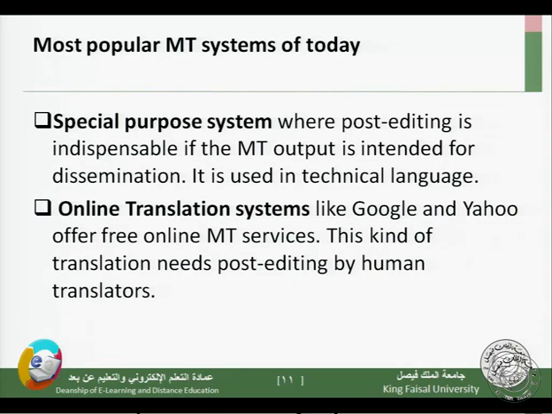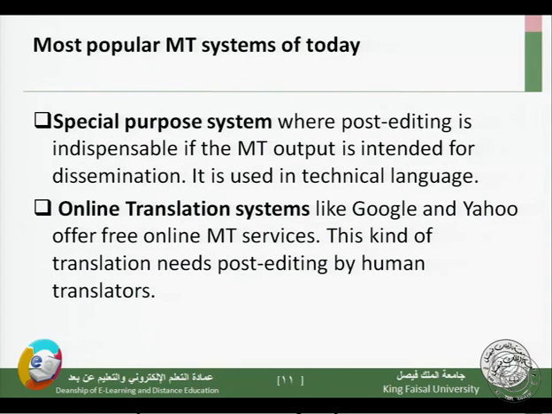It means to distribute. If you want to use this system and distribute the translation, then in this case you have to really edit it. It means to check it. After you produce it, you have to check everything in it.